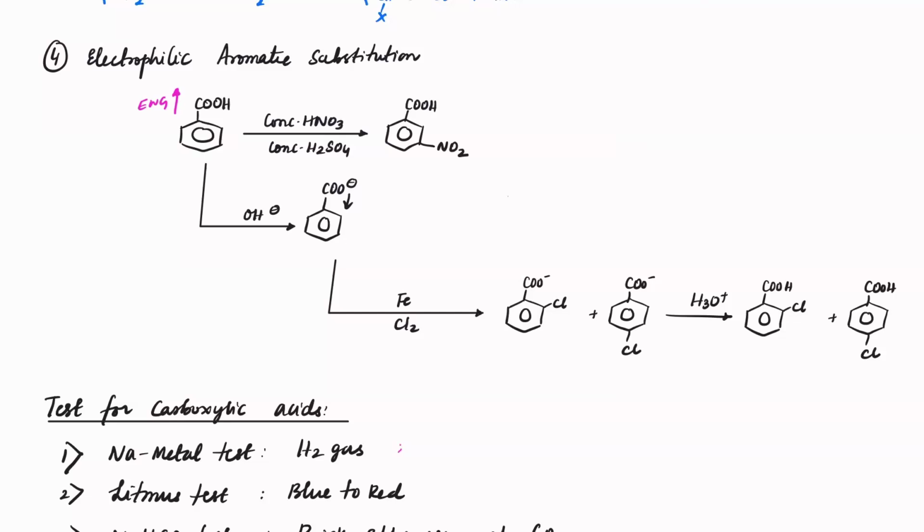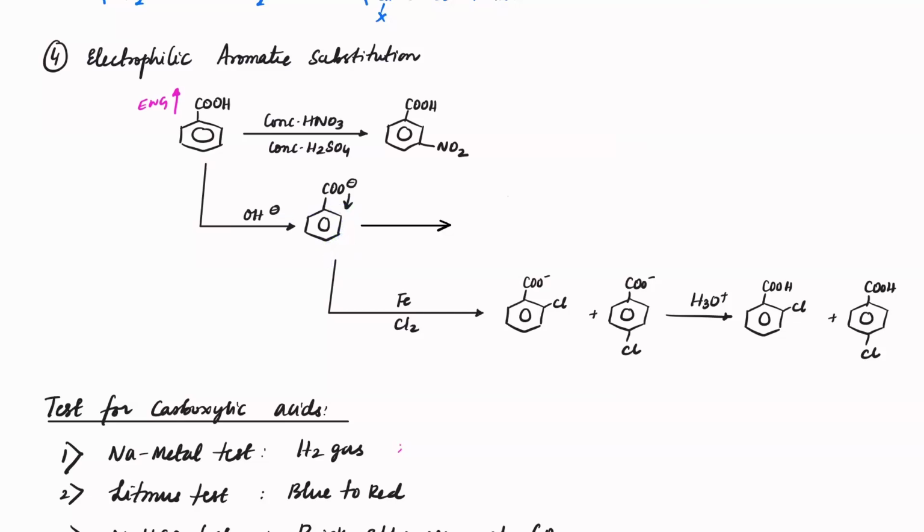Let me show you. By chance, if you are subject to basic medium here, anything which is this will convert into COO minus, and COO minus is again ortho para directing. In fact, some amount of meta will also come in this case.